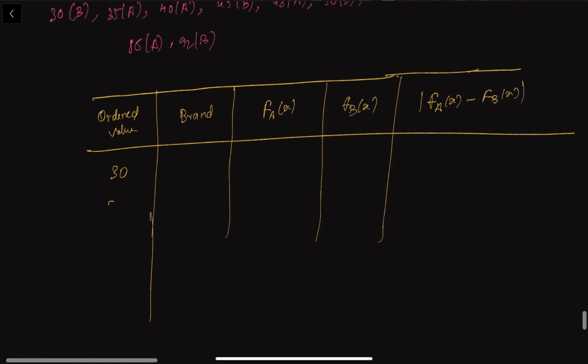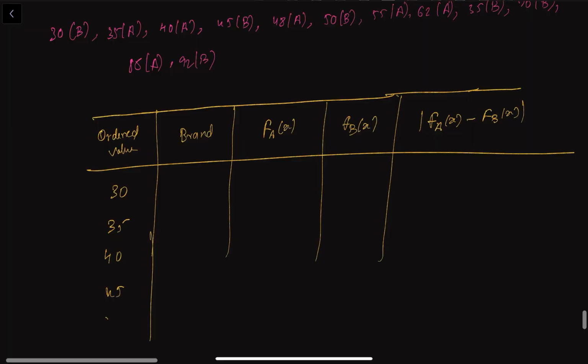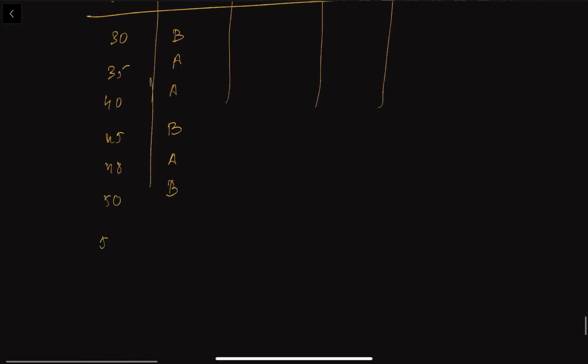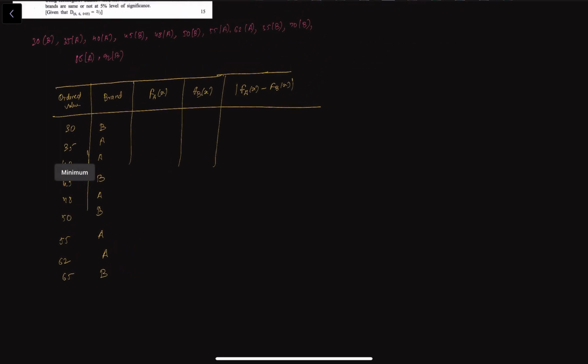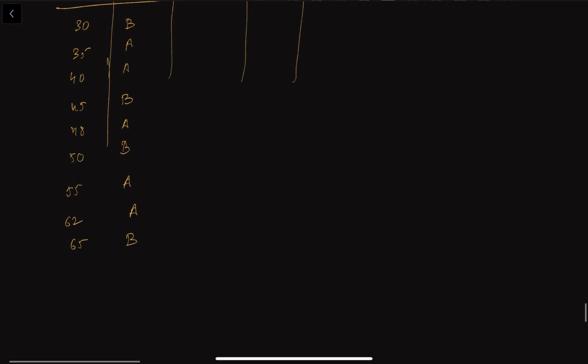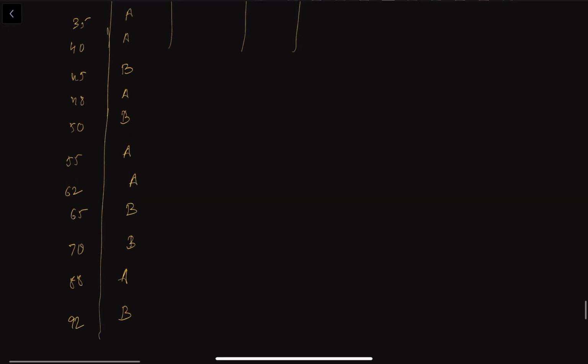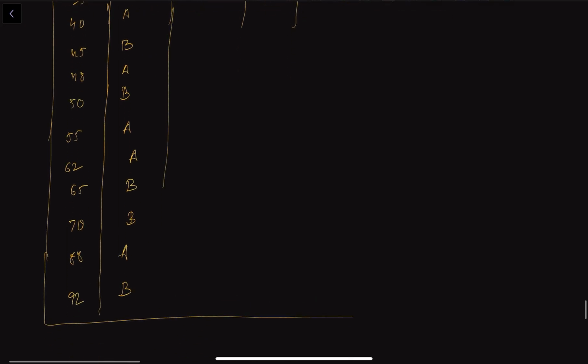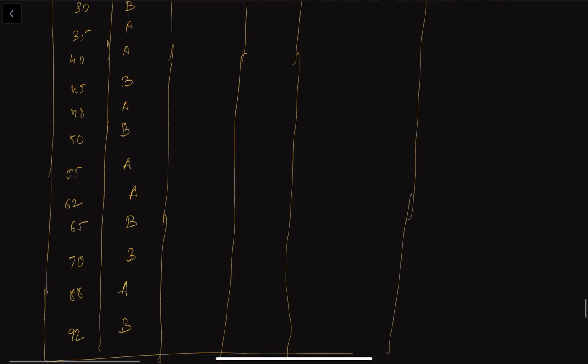So I write 30, 35, 40, 45, 48, and 50, from brands B, A, A, B, A, B, and then 55 from A, 62 from A, 65 from B, and then 70 from B, 88 from A, and 92 from B. So these are the ordered values and their respective brands. And then we need to compute the remaining columns.